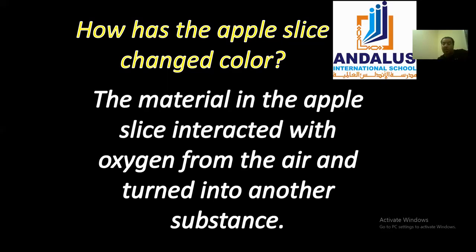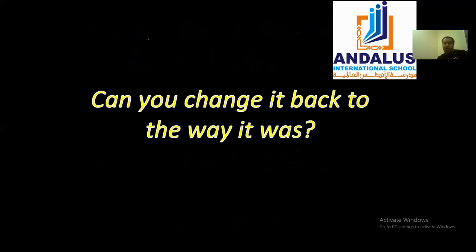It's because of this. Here, this is the slice of apple. There is a material inside the apple slice. It interacted with the oxygen from the air and turned the color into brown, because it became another substance. Now, this is a very important question.